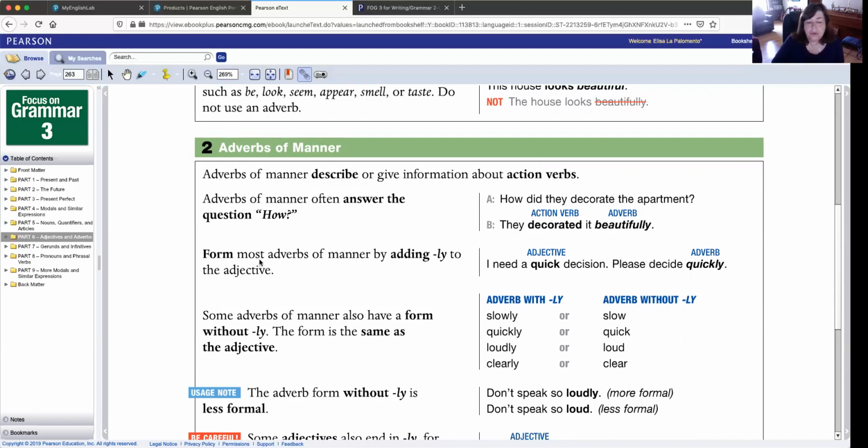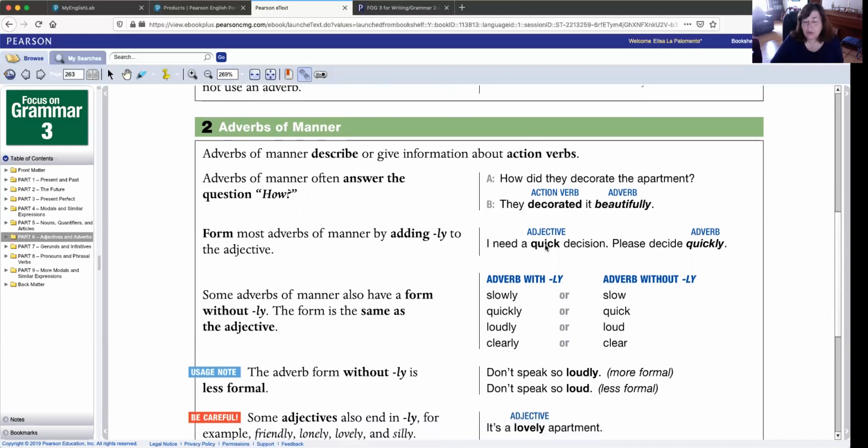It tells you to form most adverbs of manner by adding ly to the adjective, not all, but most. Here is a word used as an adjective. I need a quick decision. Okay, so the word quick is an adjective. It's describing decision. But here we're going to add ly to it and turn it into an adverb. Please decide quickly.